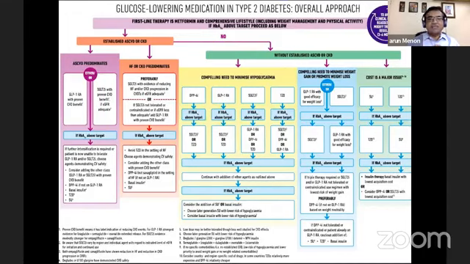This has gone through a lot of changes over the last few decades in terms of the guidelines, and this is always hotly debated. Come January, when ADA comes out with the guidelines, everybody is on the bandwagon. Everybody wants to either support it or criticize it. But the long and short of it is that the newer drugs have taken center stage.